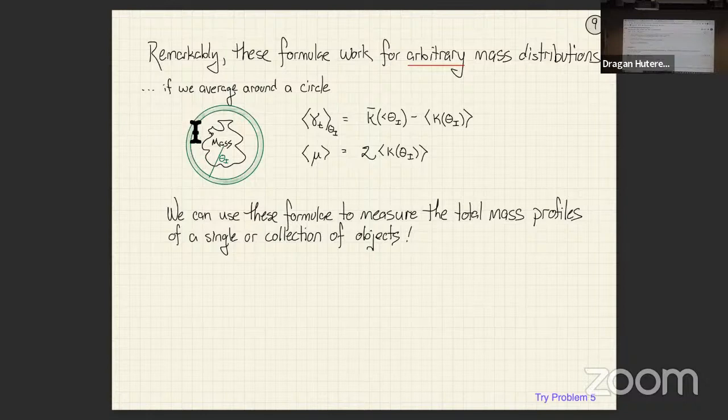And if you're smart enough to be able to measure the magnification of the galaxies in that ring, it's going to tell you the average mass density of the lens at that annulus. So very nice, elegant mathematics that leads to this fairly simple thing. And all you have to be able to do is measure the shapes of the galaxies behind your lens.